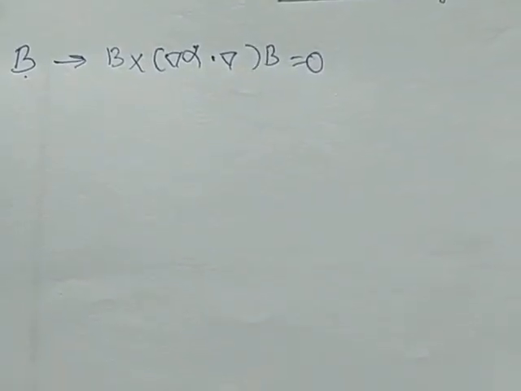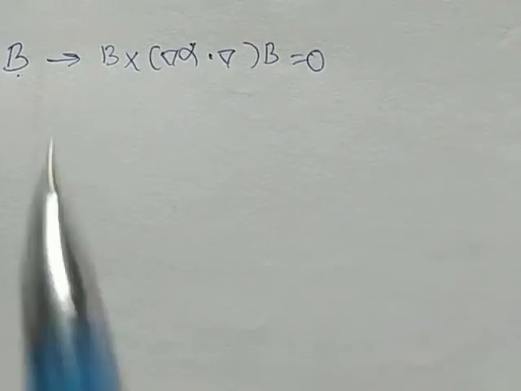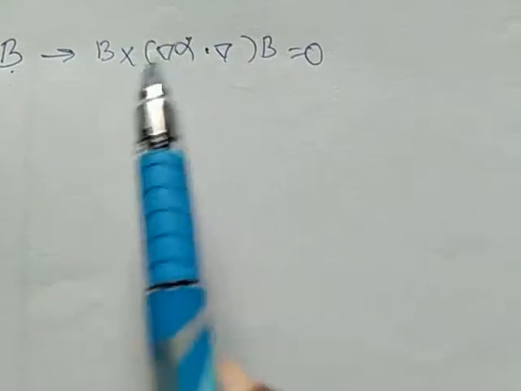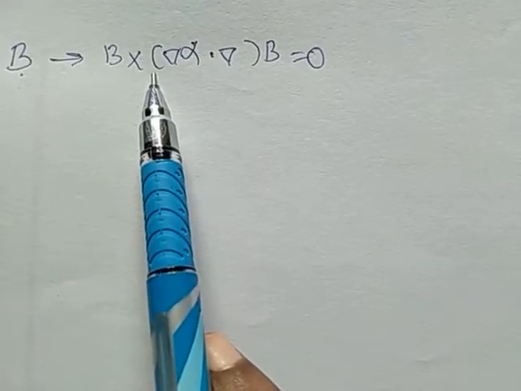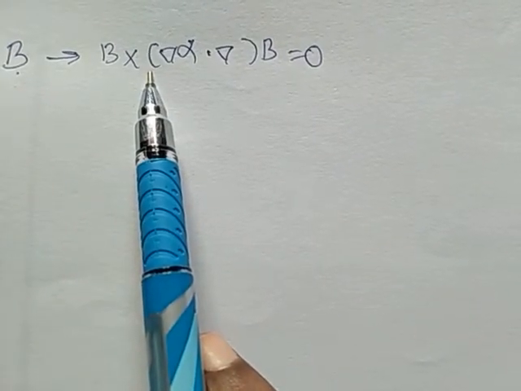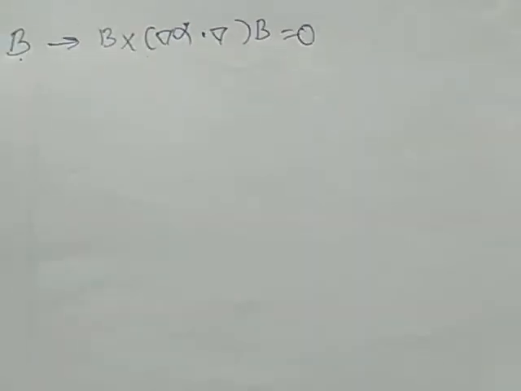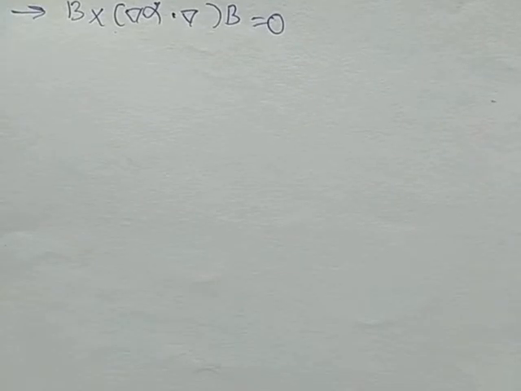So for a magnetic field to be force-free at all times, it has to satisfy two conditions. The first condition is B cross del alpha dot del B is equal to 0. The second one, as usual, is that it should satisfy the basic equation of force-free magnetic field.